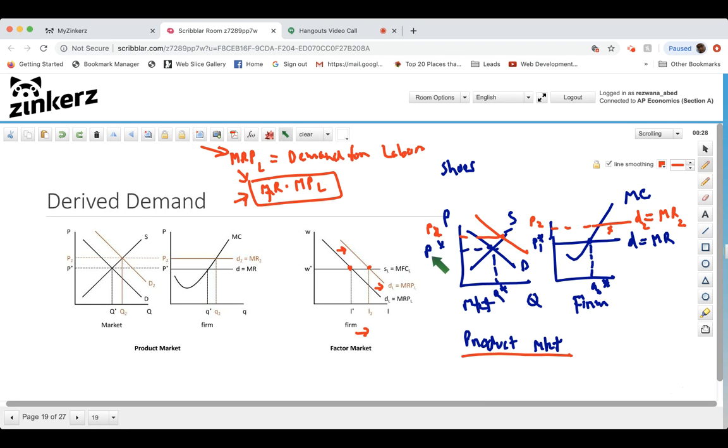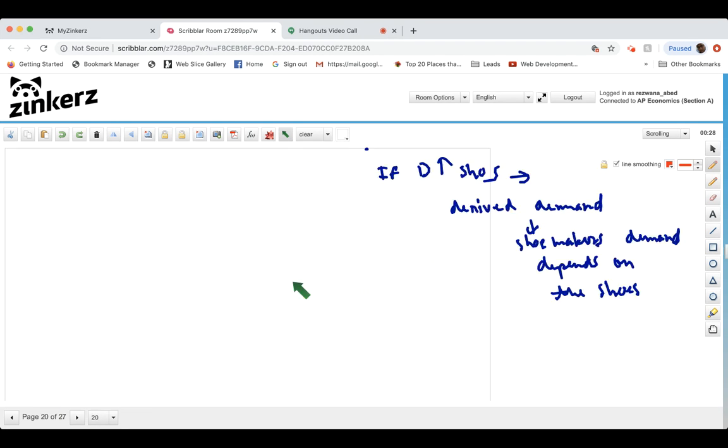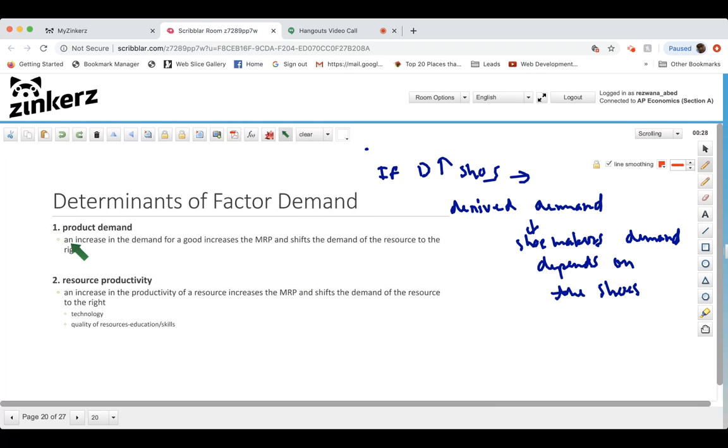I just wanted to show you how this looks graphically when we shift the demand curve, and where it comes from on the product market side. We're not going to be able to do this for every single one of these determinants, but this is exactly how it works.